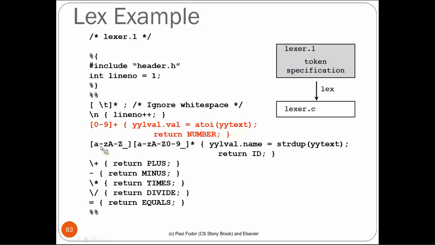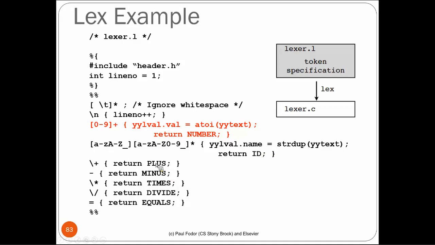Similarly, if we start with a letter or underscore, followed by letters, digits, or underscores, as many as possible, we identify an ID token.